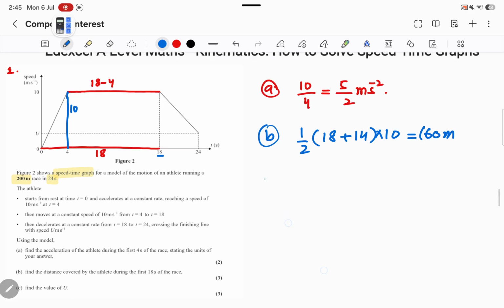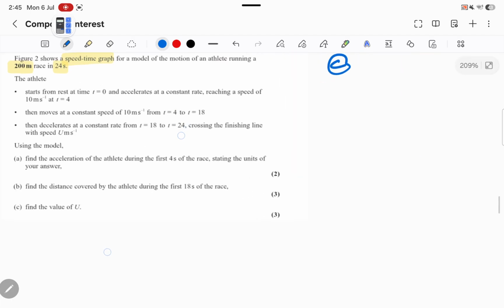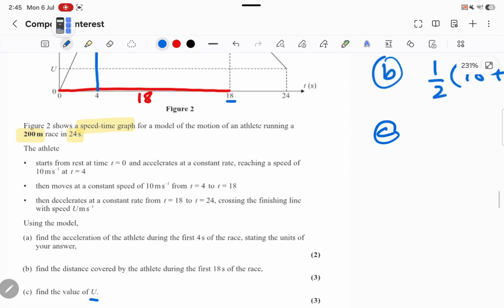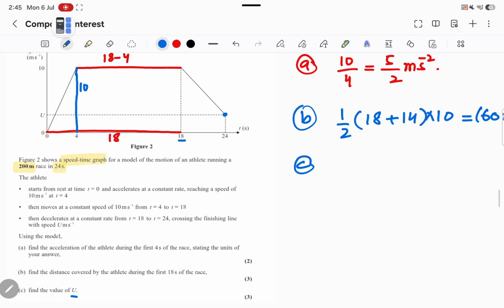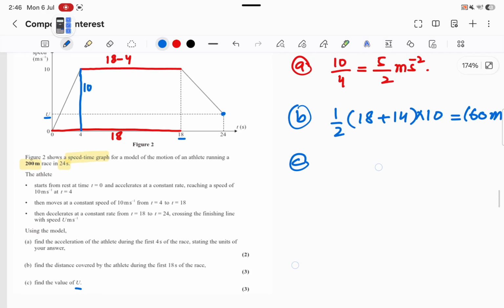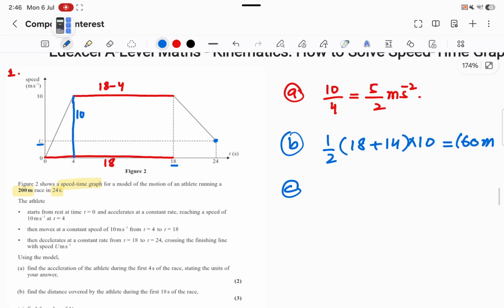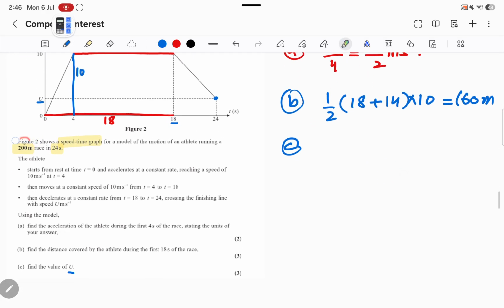All right, now in part C, they ask you to find the u, the speed with which the athlete reaches the finish line. Now we already know that the total distance covered by the athlete is 200.